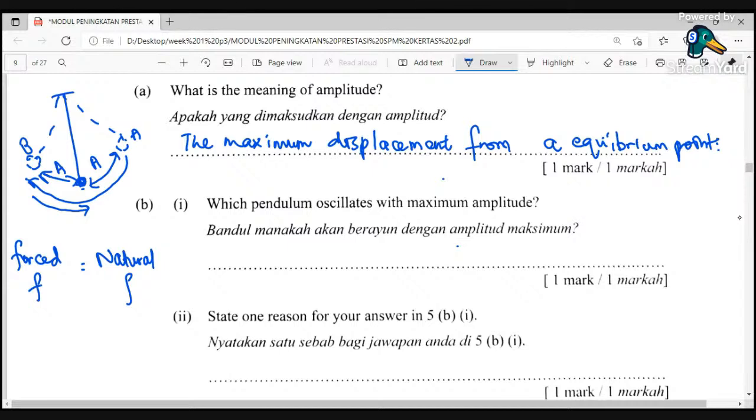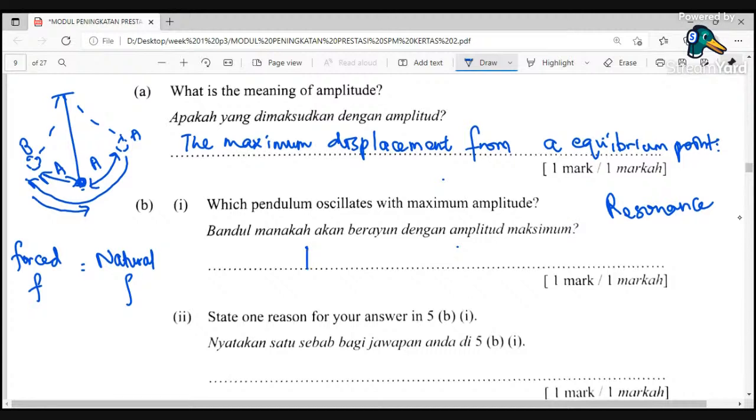Okay, so dia sama panjang, jadi force frequency yang sampai B tu samalah dengan natural frequency B. So bila ini sama, B akan oscillate dengan maximum amplitude, or we call it phenomenon of what? Resonance. So B experience resonance. Okay, jadi yang mana?